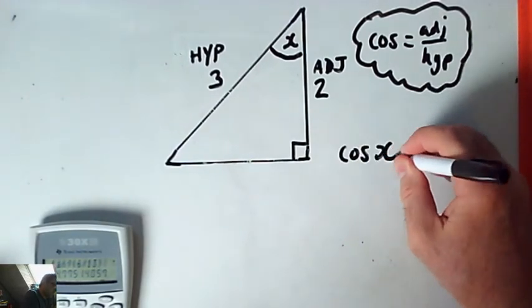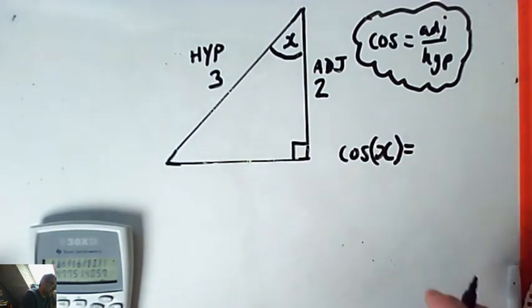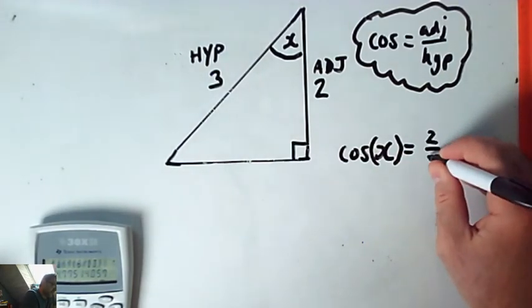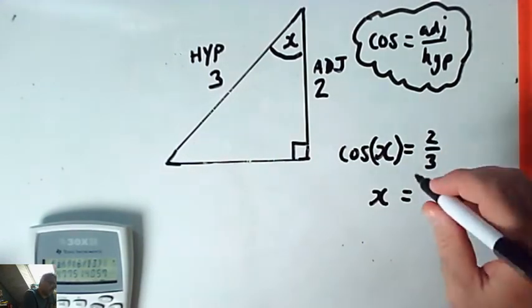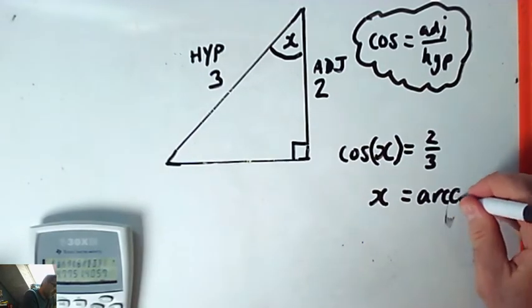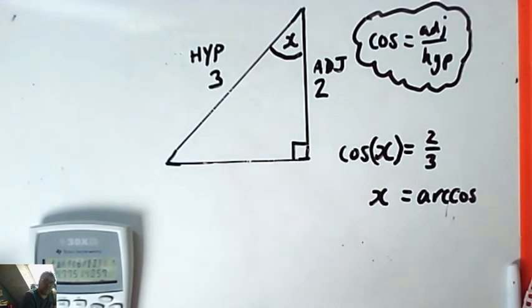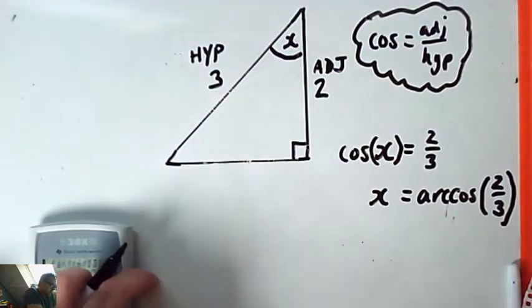Cos of x equals adjacent over hypotenuse, 2 over 3. So that means that x itself is the inverse cos, or I like the proper name, arc cos of 2 over 3. Just about squeeze that in there.